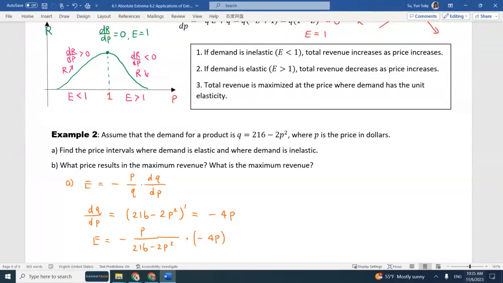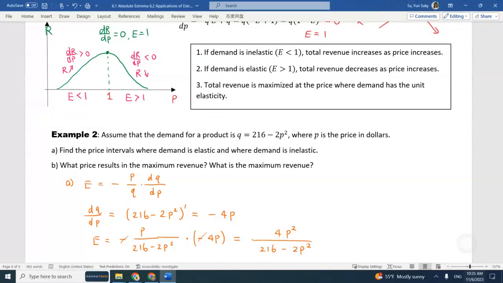Right? Everybody? Okay, that's why the negatives cancel. Numerator, we have 4p squared. Denominator, we have 216 minus 2p squared. Is that okay, everybody? This is the elasticity.